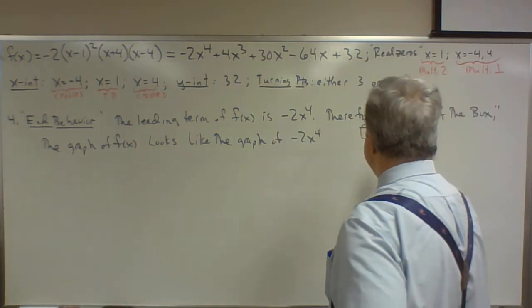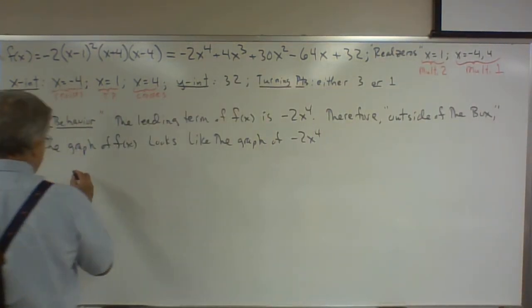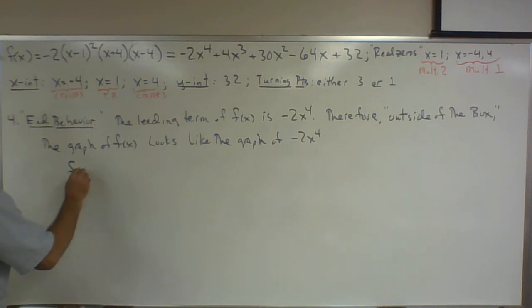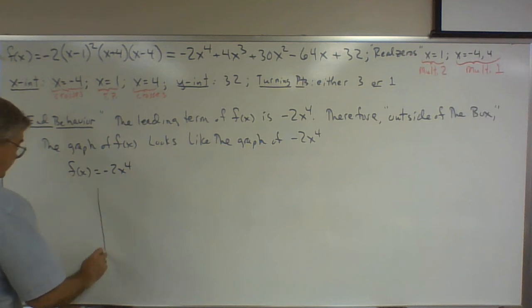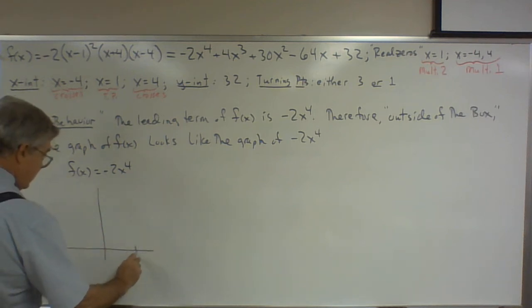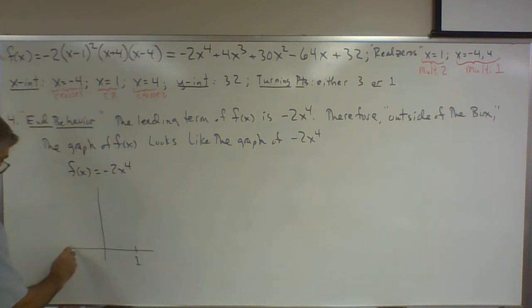And what does f of x equal negative 2x to the fourth look like? Well, let's say that we have our old friends, negative 1, 0, and positive 1.